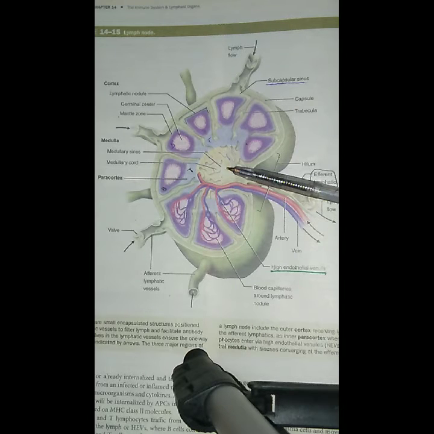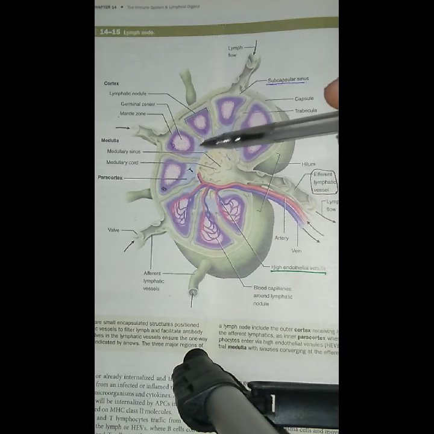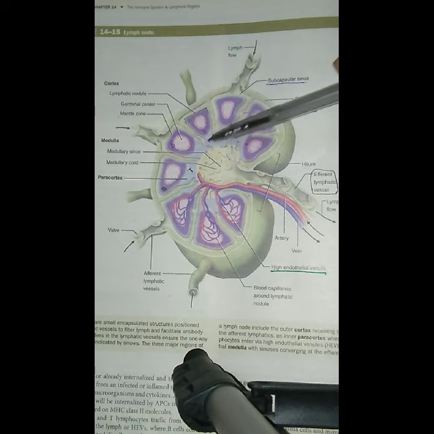MHC II is just like an identity card which they show to the T lymphocyte in the paracortical region. In the previous lecture we discussed the paracortical region. This is the light purple, or light blue, color. This is the paracortex, this is the nodular cortex. The paracortex does not contain any nodule.